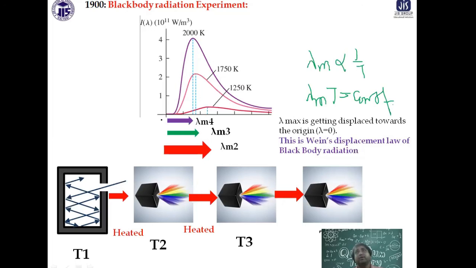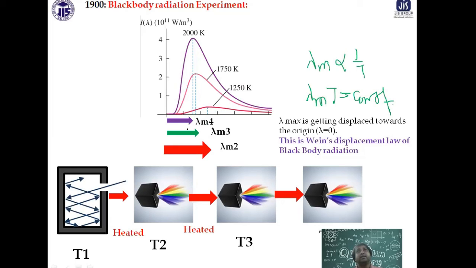Why displacement law? You can see here, as you are going up from the low temperature, T2 to T3 to T4, what do you notice? Your lambda m was initially here, this is the value lambda m2. As you are going up, it is now becoming lambda m3, after that lambda m4.